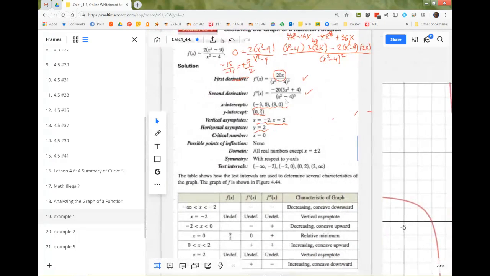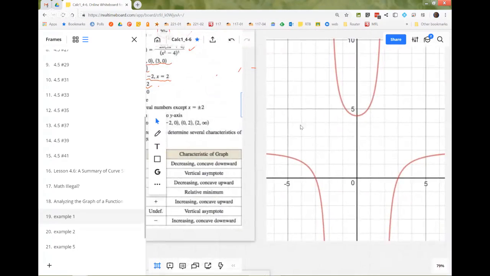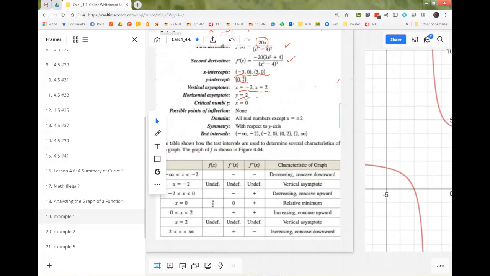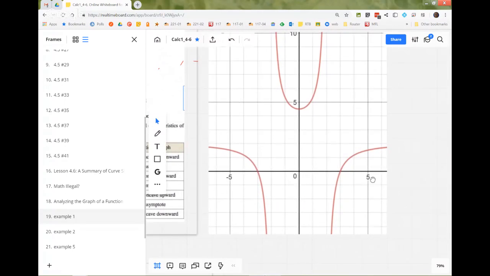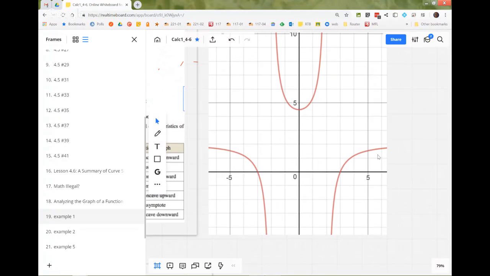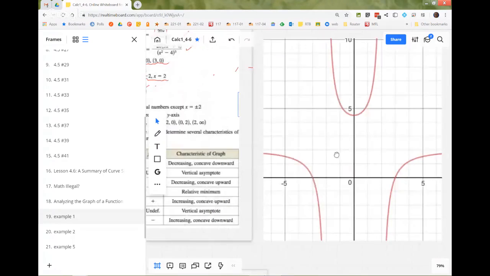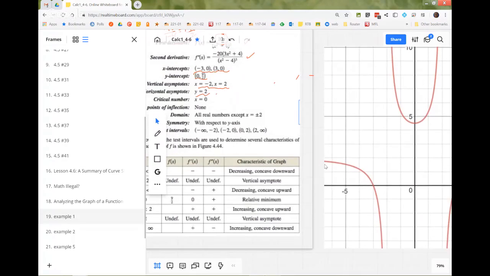We knew we had asymptotes at 2 and negative 2. There they are, vertical asymptotes at 2 and negative 2. We know that as x approaches infinity, it's going to go to 2. And because I don't have the graph up, I can't show you. But as this goes out to the right, it's going to approach 2, and over here 2.